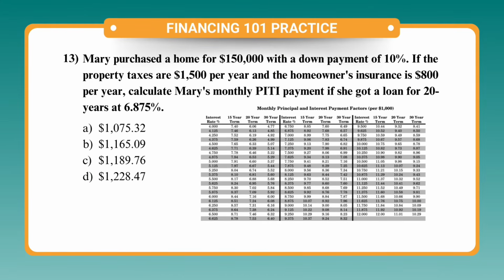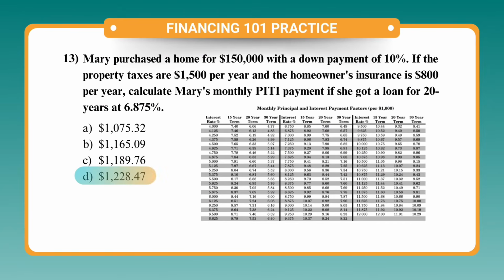Number 13. Mary purchased a home for $150,000 with a down payment of 10%. If the property taxes are $1,500 per year and the homeowner's insurance is $800 per year, calculate Mary's monthly PITI payment.